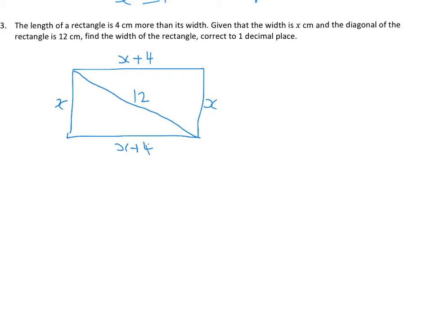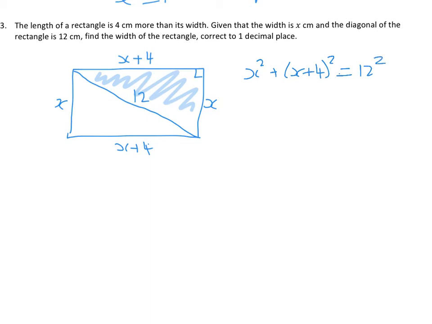Because this is a rectangle, we know that each corner is 90 degrees, and what we have here then is a right angle triangle. And we know that for right angle triangles, Pythagoras' theorem holds. So we have that x squared plus (x plus 4) squared equals 12 squared.